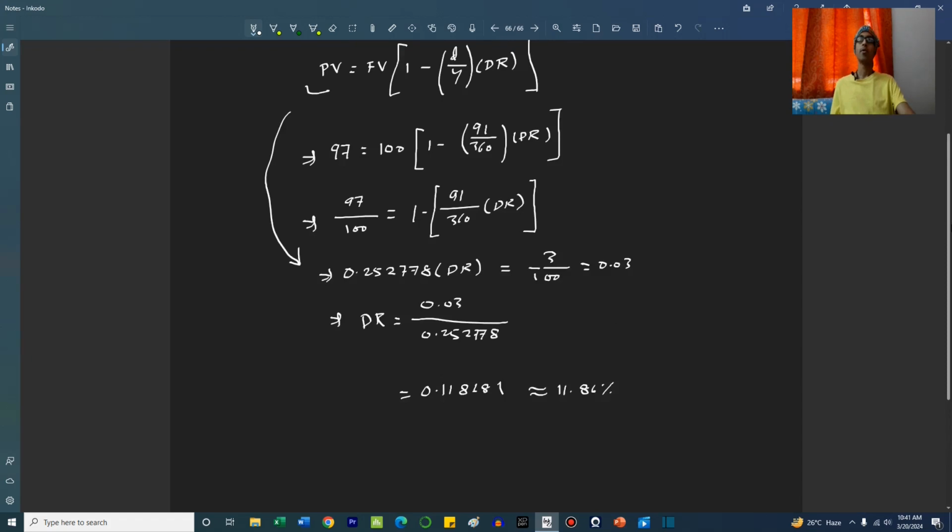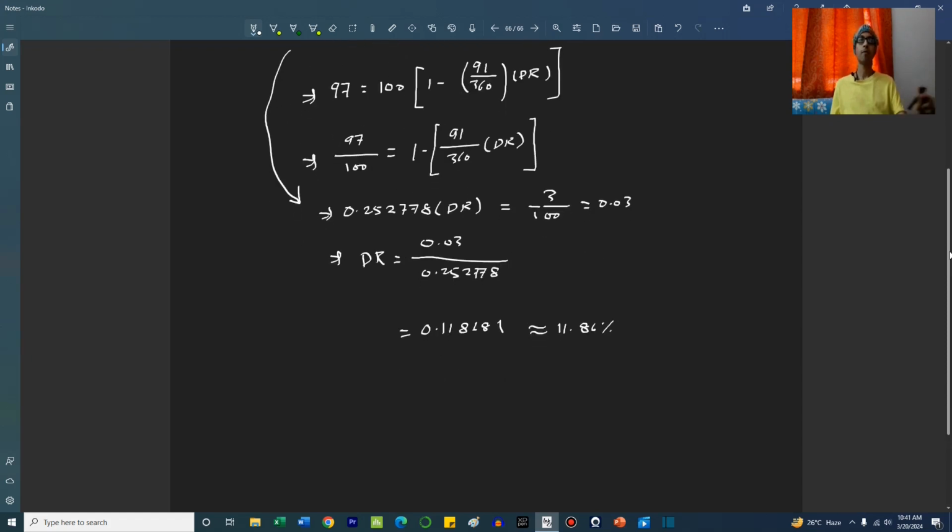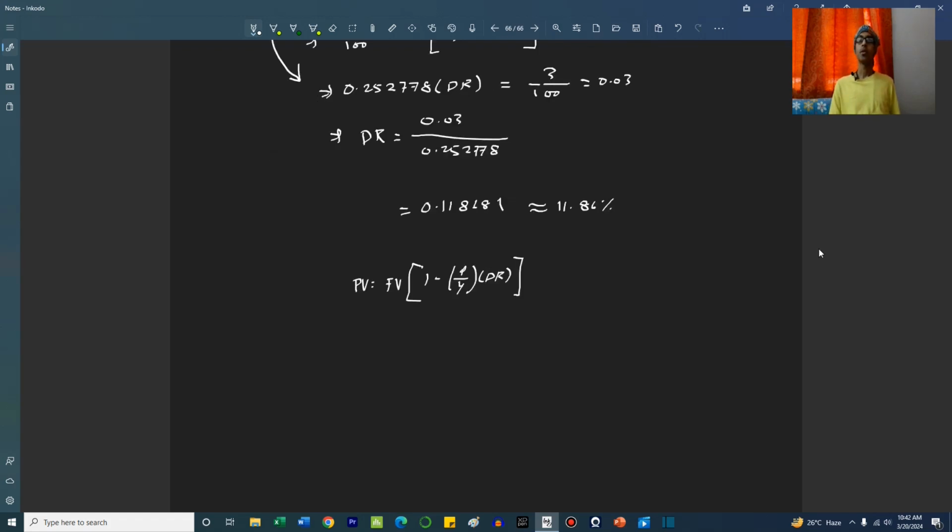Now if you wish to memorize an expression for discount rate, it is just a derivation of what we have learned in terms of PV and FV of the money market instrument. So PV is equal to FV into 1 minus d by y into DR. This equation itself can be rearranged to get an expression for discount rate.